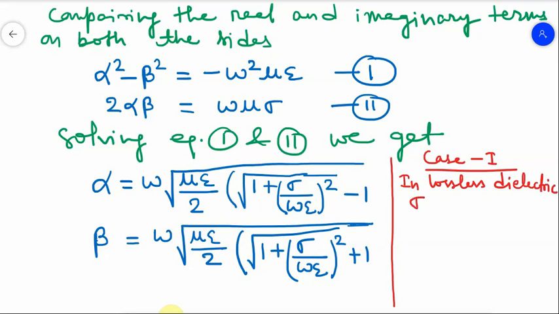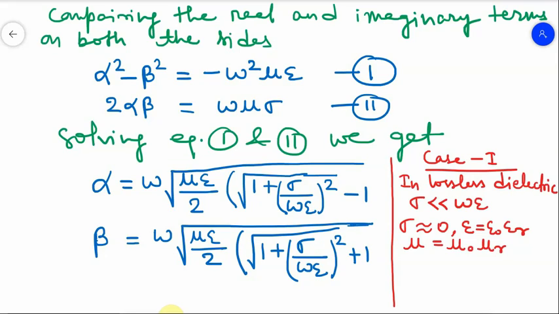Sigma is very much lesser than omega epsilon, not exactly equal to 0 but near to 0, because it is very small as compared to omega epsilon. Epsilon equals epsilon 0 epsilon r, and mu is also mu 0 mu r.